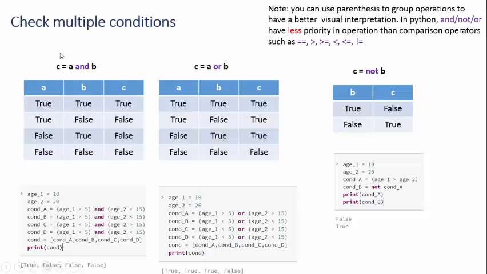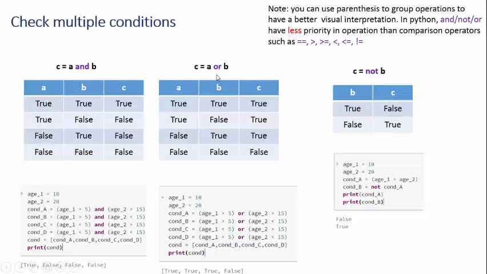And when we combine those two conditions, the outcome is, in this particular case, saved as C. And C, again, is a condition which combines both A and B. C is only true when A and B are true. In all other cases, it's going to be false. So this is the AND condition.